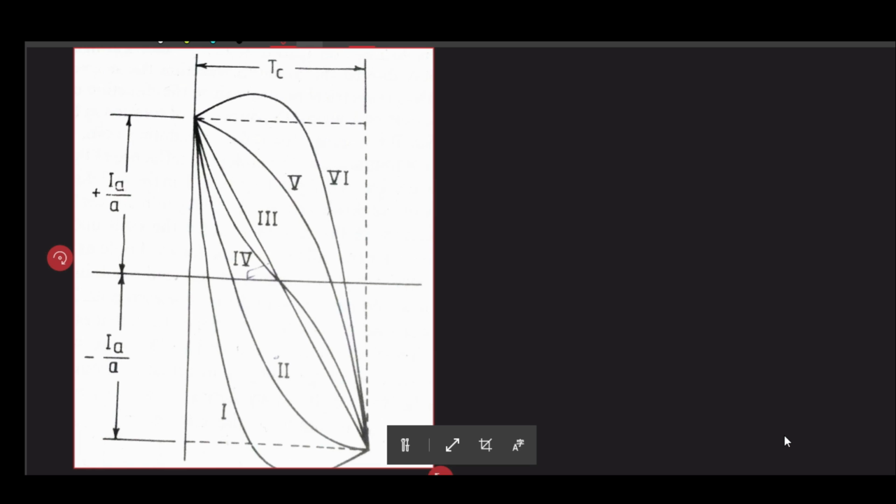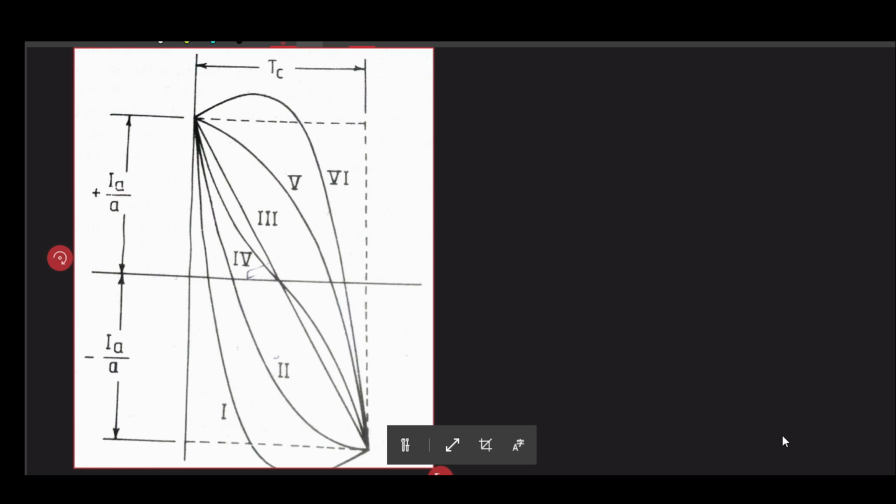Curve 4 is also known as sinusoidal commutation, which is characteristics-wise very close to commutation pattern 3, so it is also a satisfactory commutation. The fifth curve indicates a retarded commutation. In retarded commutation, or under commutation, the final rate of change of current is very high.